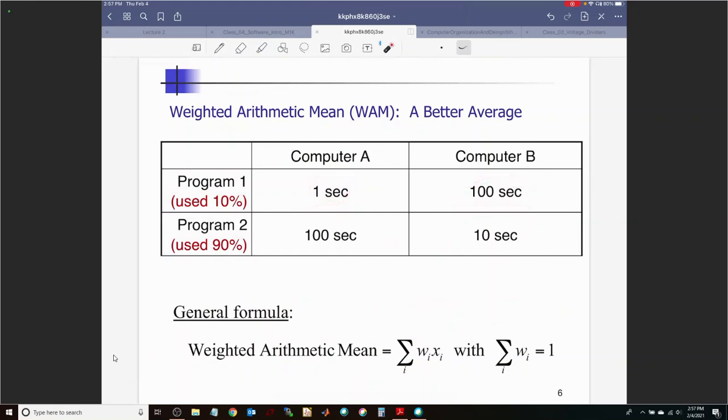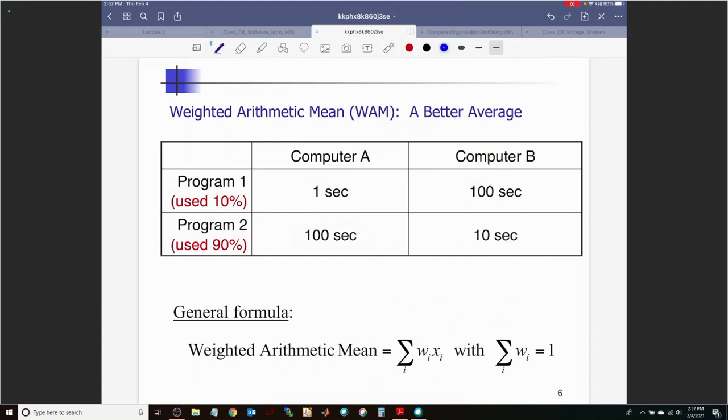But we are running program 1 a lot less than program 2, where computer A is far behind. So my guess is that if I average things out, computer B should come out far ahead. Let's see whether that works.